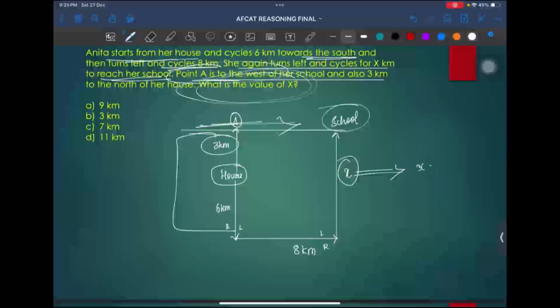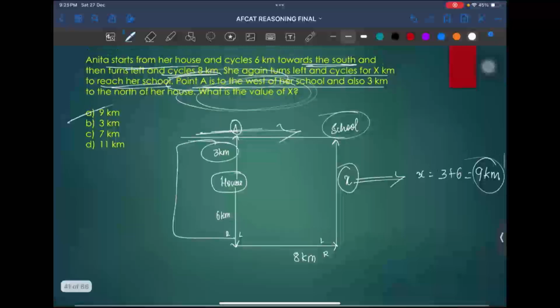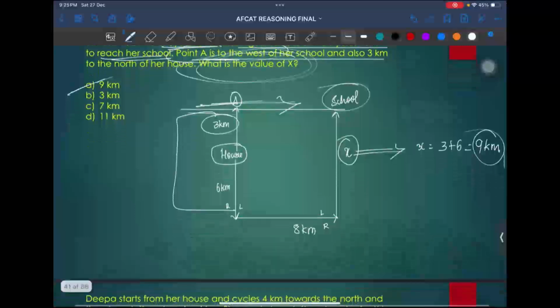So x is equal to 3 plus 6, that is 9 kilometers. Is it fine? Here I didn't assume anything, because everything is answered using the data which the question has given.